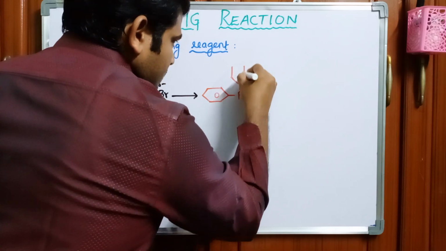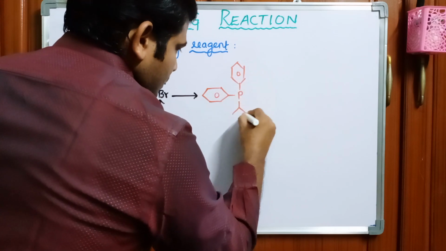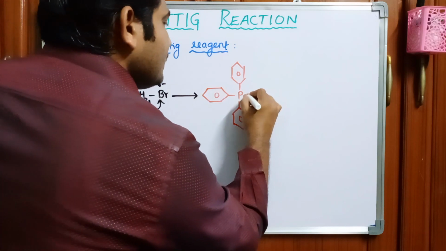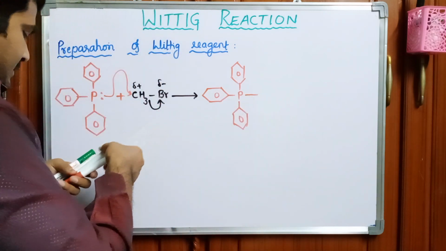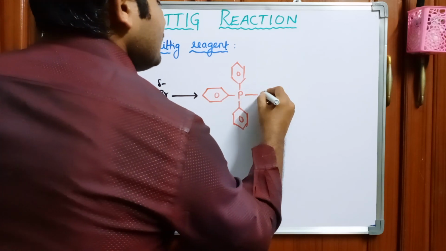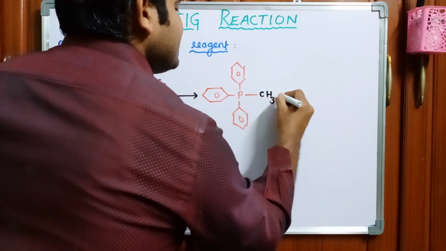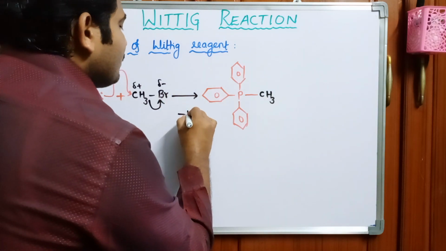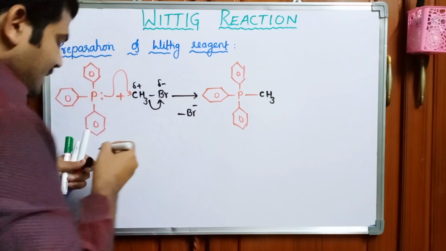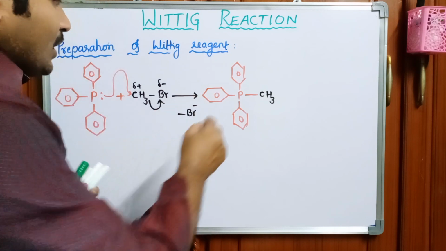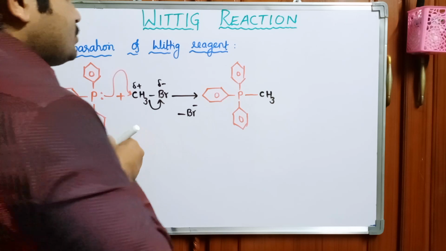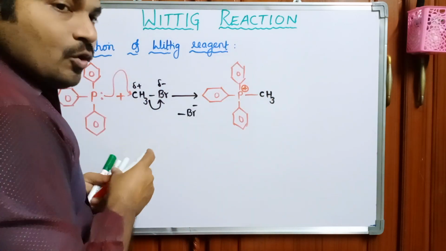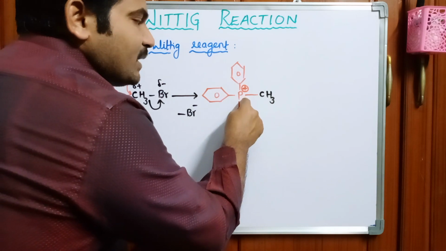So it produces triphenyl phosphorus bonded with CH3, plus bromide is eliminated in this case. Now, what is the charge on phosphorus? Positive charge. So it is highly unstable.